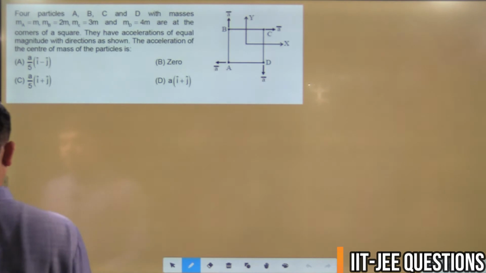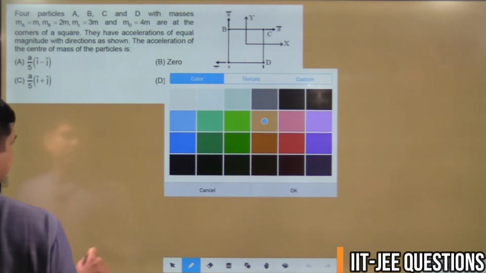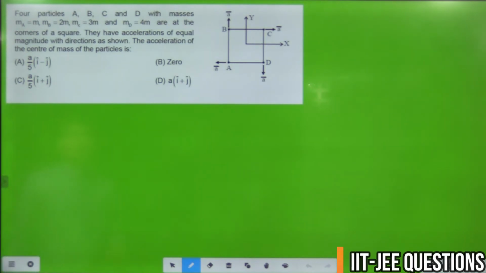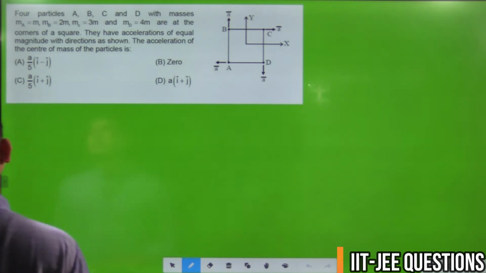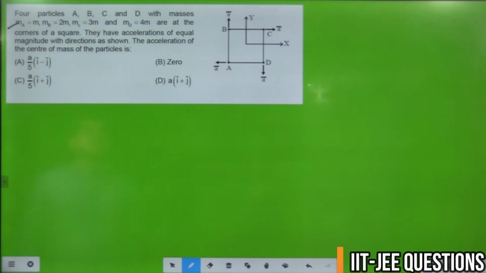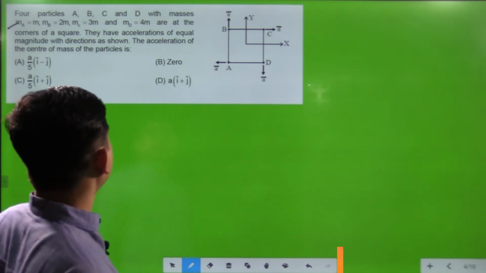Next, four particles A, B, C and D with masses MA, MB, MC: MA is small m, MB is 2m and MC is 3m.